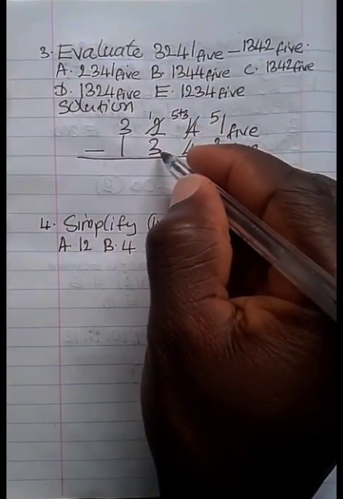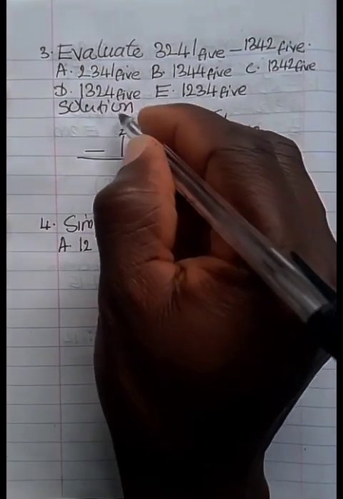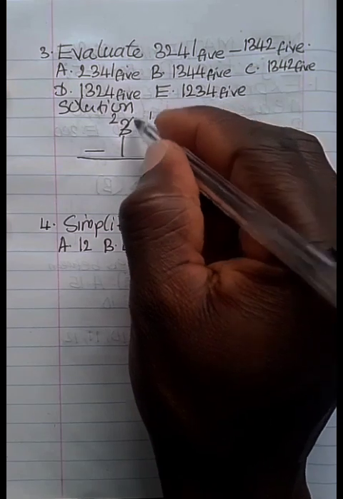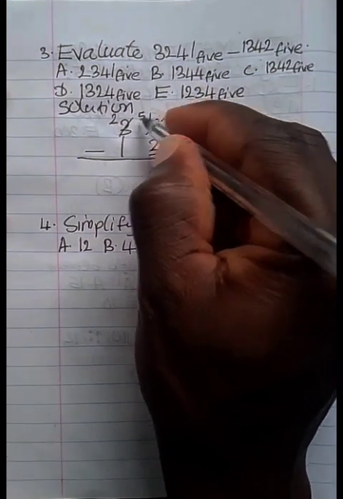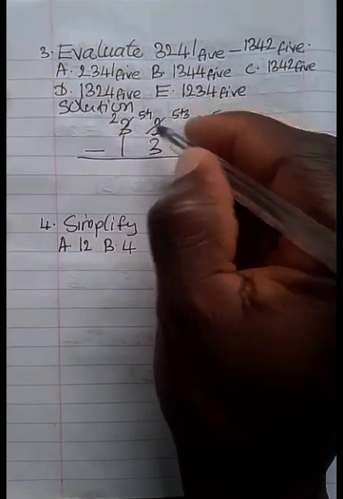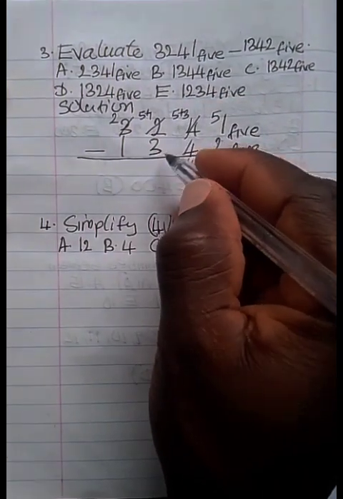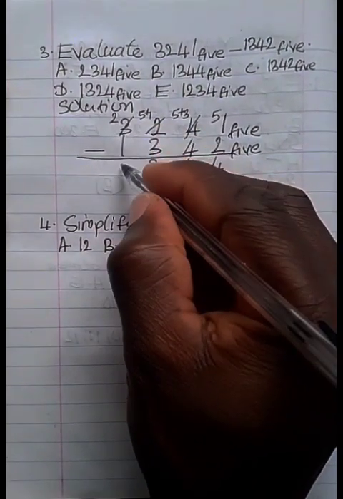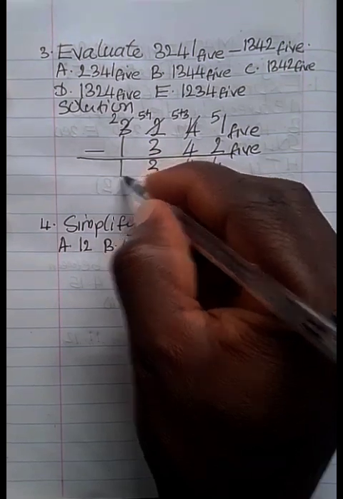1 minus 3 cannot. You borrow from here. Here remains 2. The 1 you borrow, when it gets here, it becomes 5. The base you are working with, you add it to 1, that is 6 minus 3. You have 3. We have 2 here minus 1, that is 1.